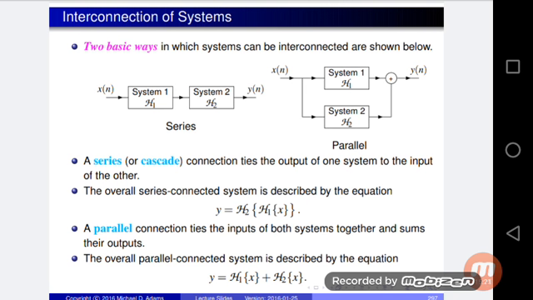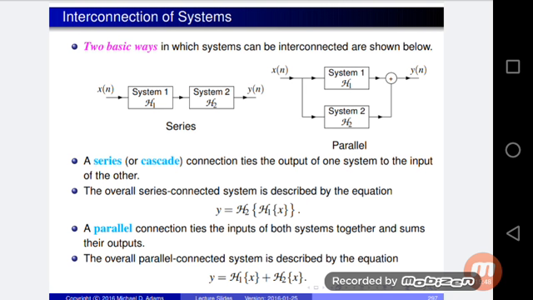The overall parallel connected system is described by H1 of x plus H2 of x. Why is it H1 plus H2? Because when we observe the parallel diagram, we are using an adder. That's why we are adding system number 1 and system number 2.